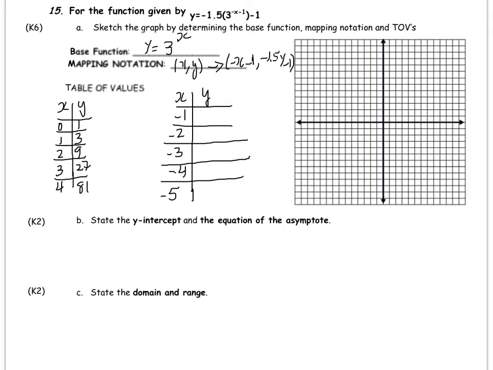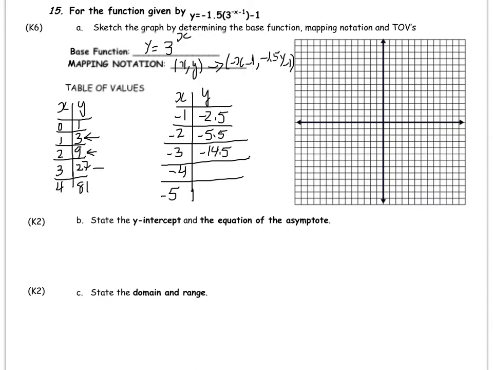Now I'm going to apply the same mapping notation on the y coordinate. When y is 1, negative 1.5 times 1 minus 1 gives me negative 2.5. When y is 3, negative 1.5 times 3 minus 1 gives me negative 5.5. When y is 9, negative 1.5 times 9 minus 1 gives me negative 14.5.